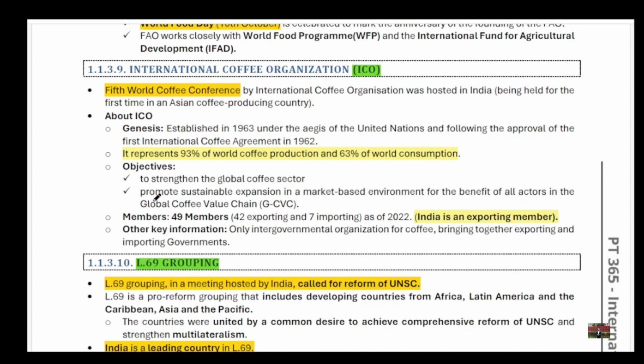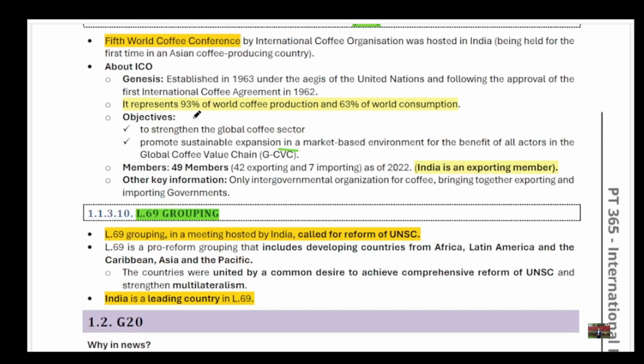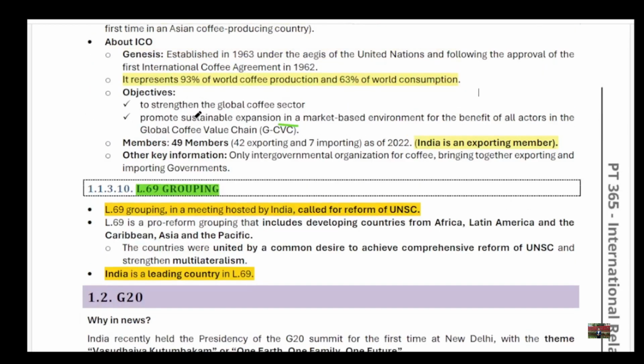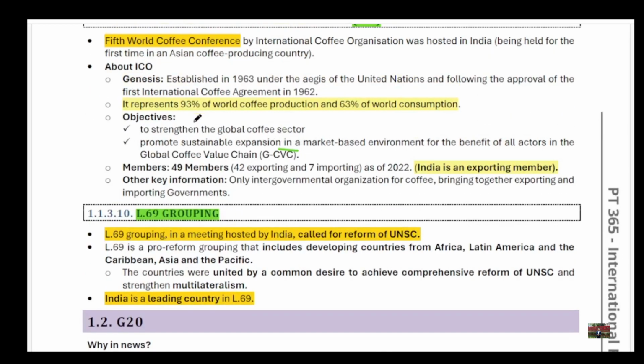That is why the International Coffee Organization ensures the strengthening of the global coffee sector. It promotes sustainable expansion in a market-based environment for the benefit of actors. It is not very important. Just know the fact that the fifth World Coffee Conference was held in India, which was basically conducted by the International Coffee Organization. All right, and the last topic for today is L69 grouping.